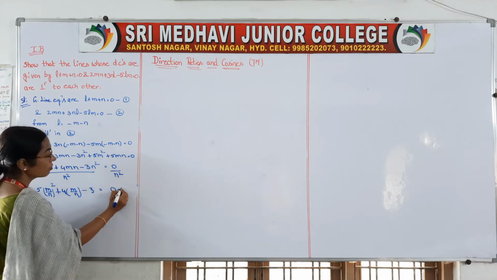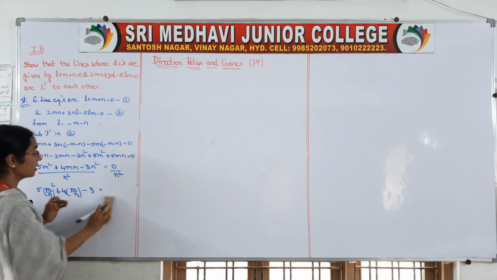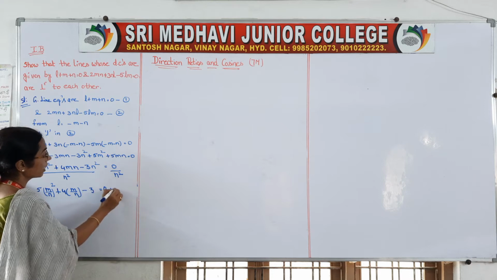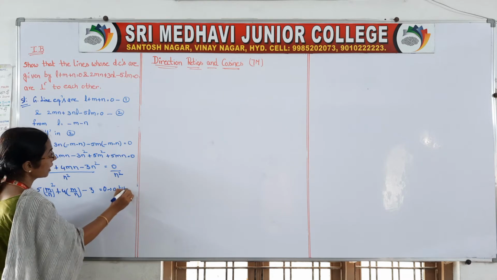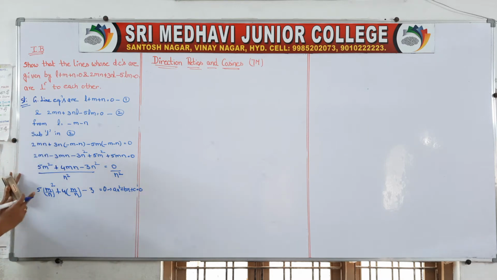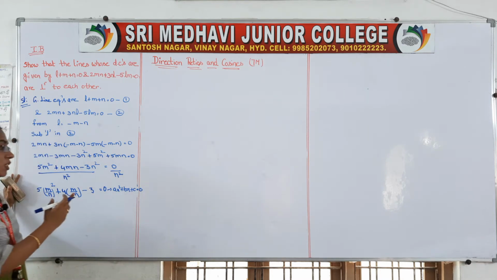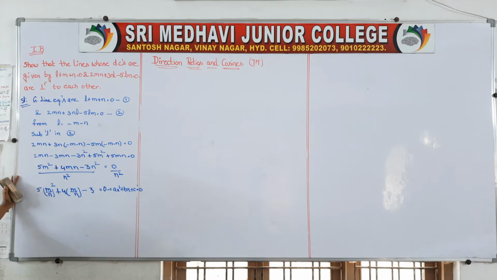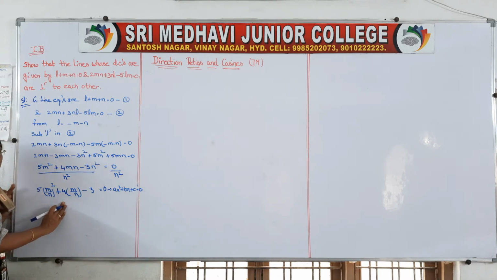It is in the form of a quadratic equation, isn't it? Which form? ax square plus bx plus c is equal to 0. So in a quadratic form, the product of the roots is equal to c by a. So now consider the roots for this. How many roots will be there for a quadratic equation? 2 roots will be there.